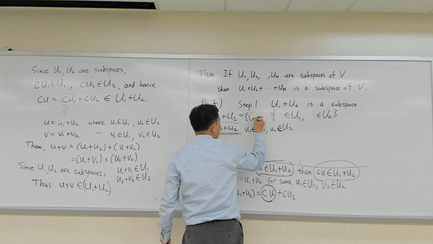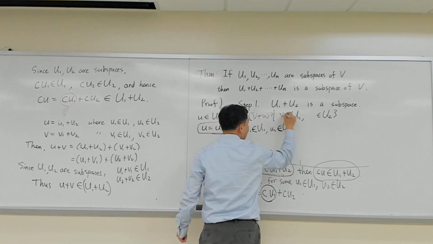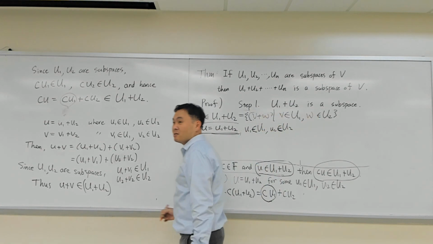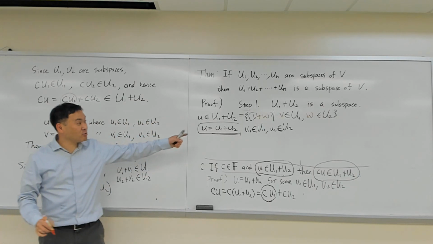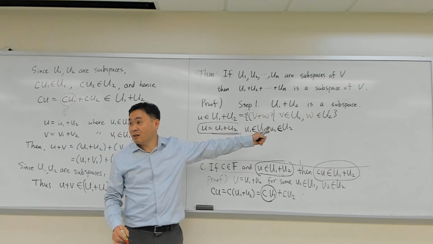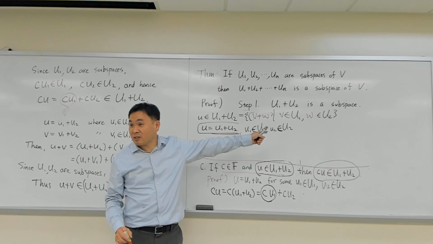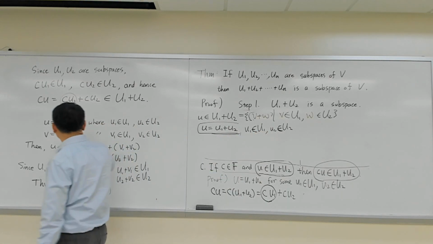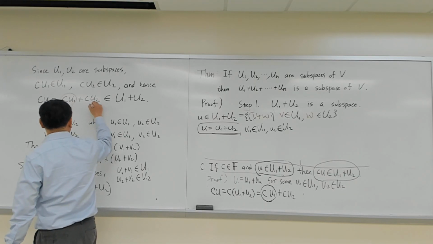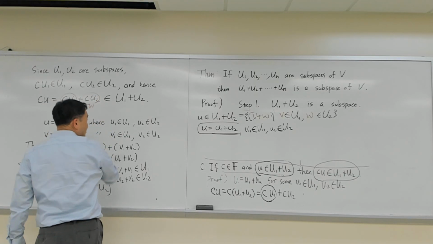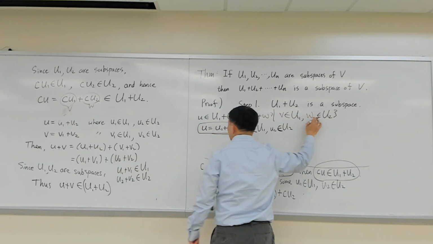We can say just V plus W. That doesn't change the set, right? It's the same set. I only changed the names. So now I can say this is V and this is W. That's correct because V is indeed in U1 and W is in U2.